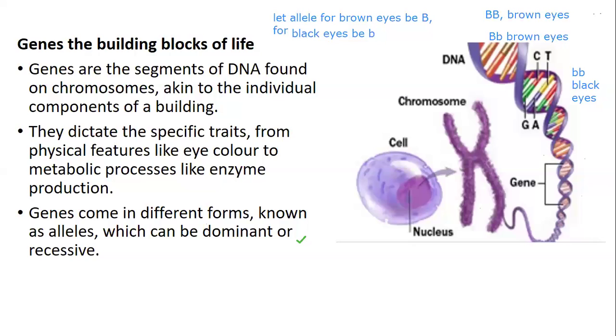For instance, we can talk about blood group. We all have a blood group. Some of you have blood group A, others have B, others have O, others have AB. Now, there are only 3 alleles that determine blood groups. There's allele A, allele B, and allele O.